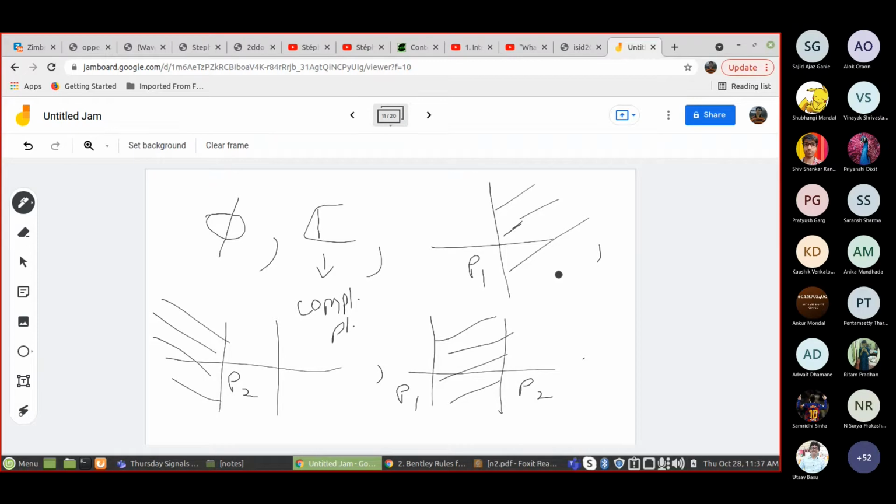This is for right sided. This is for left sided. So right sided or causal. Causal signals will have ROC like this. This is for anti-causal signals, and this empty set or this bounded region is for both sided.